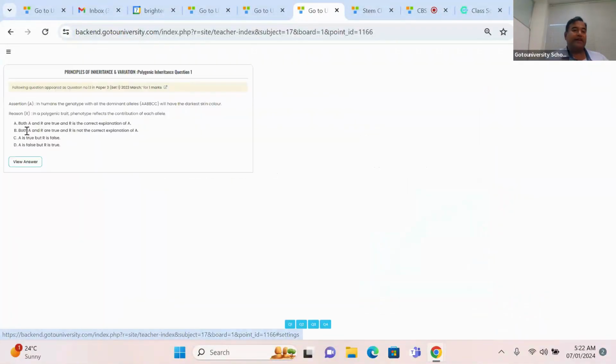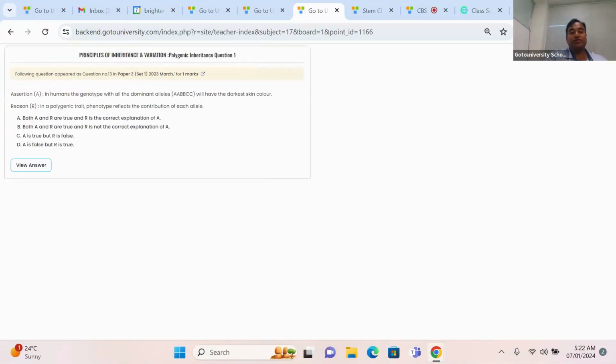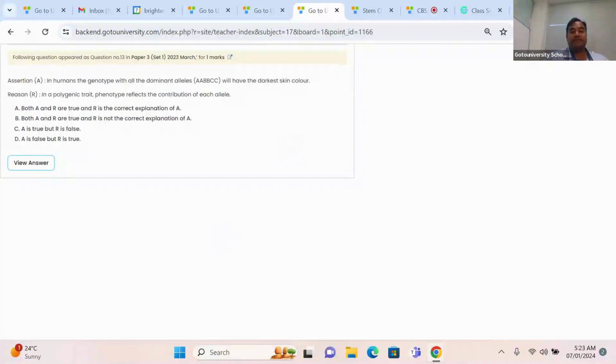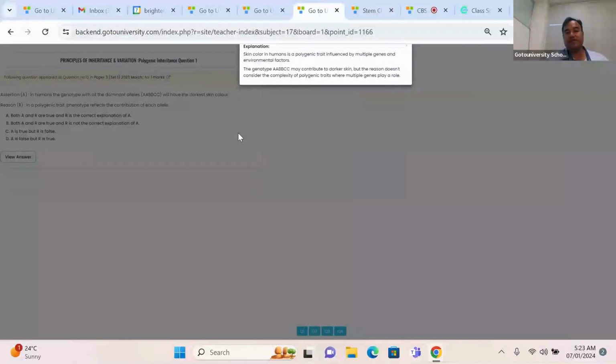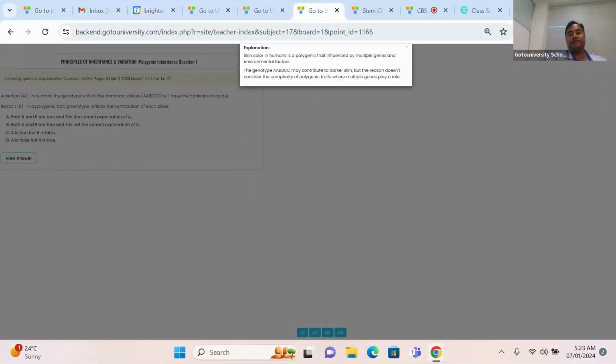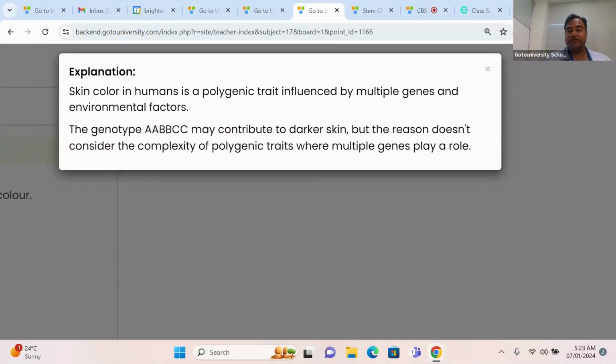So be very careful. In this place, can you see this? The assertion-reasoning question is very important. In humans, the genotype with all dominant alleles will have a darkish skin. In a polygenic trait, the phenotypic effect is the contribution of each allele, right? Skin color in humans is a polygenic trait, influenced by multiple genes and environmental factors.